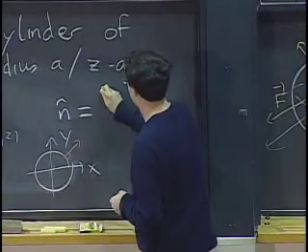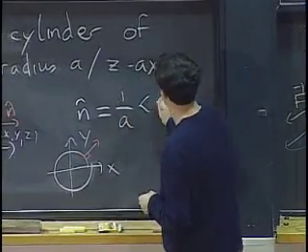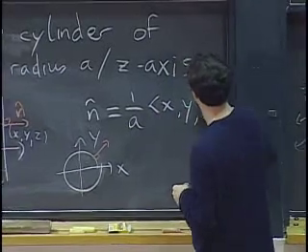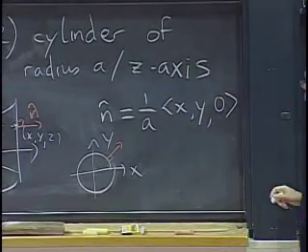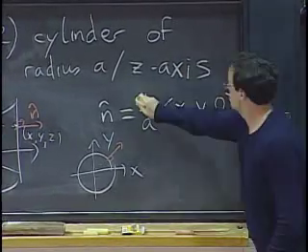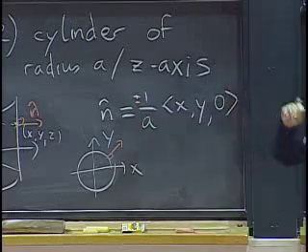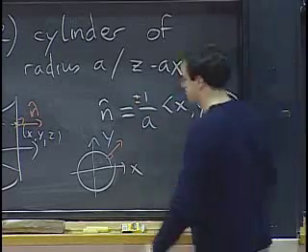The normal vector for that is just going to be x, y, and 0 in the z component, plus or minus, depending on whether you want it sticking in or out.